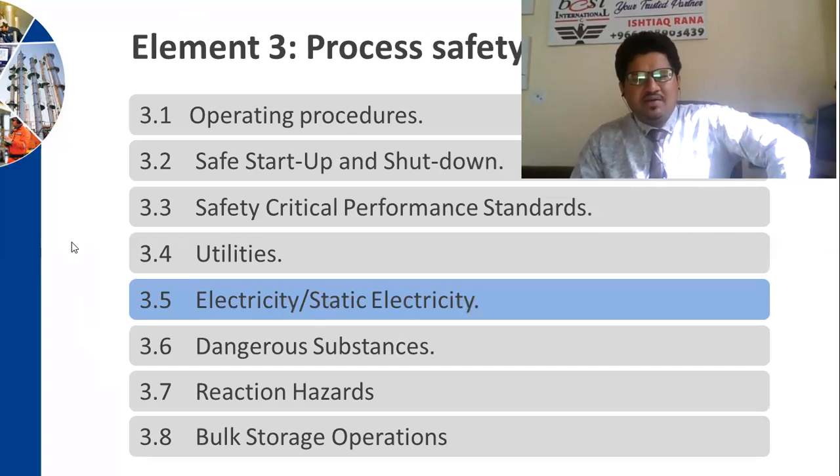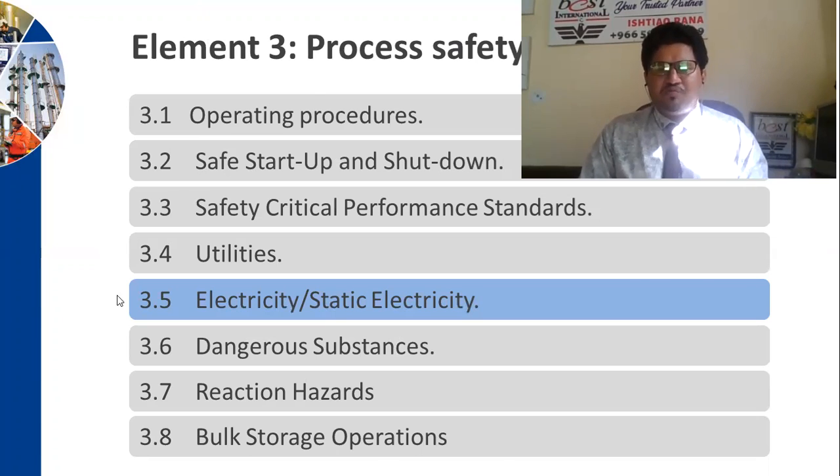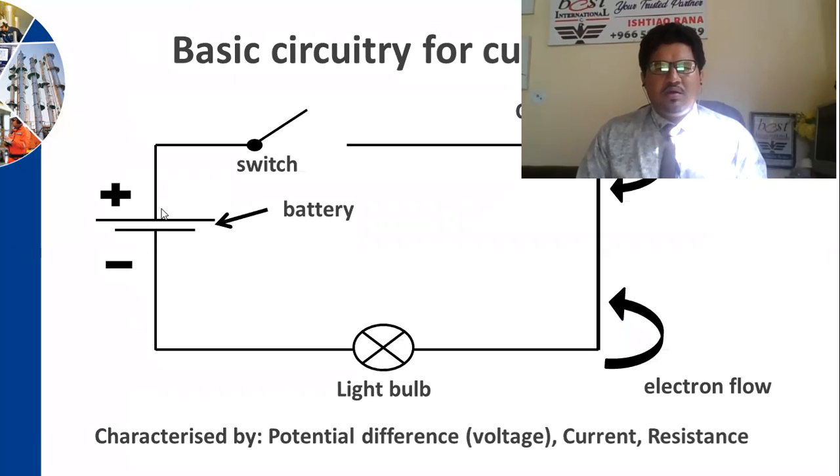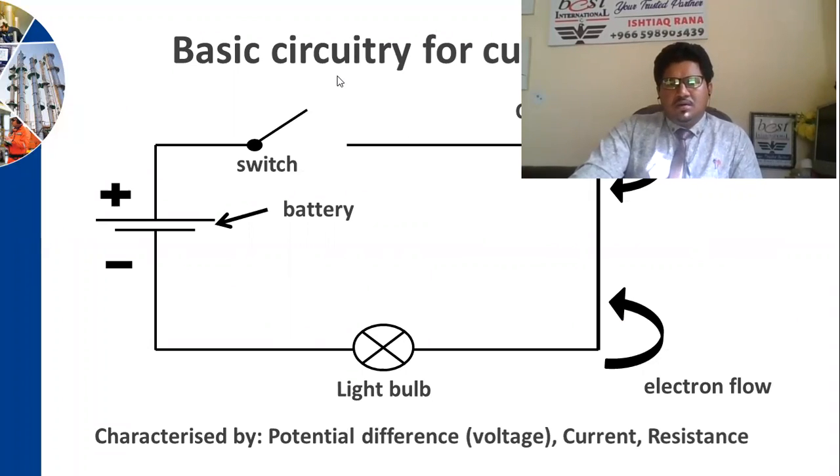Let's discuss static electricity. This is 3.5 of element 3 of process safety hazard control. Look at this diagram, the basic circuitry for the current flow, plus, minus. We have a switch, a battery, and conventional current flow.